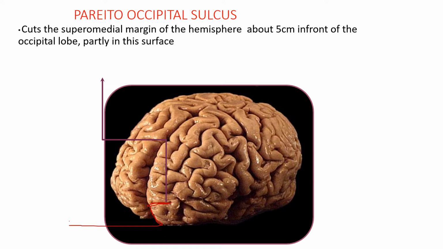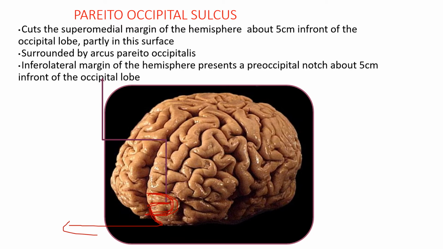So this is the occipital pole. The remaining part of the parieto-occipital sulcus is present on the medial surface. So the part surrounding this parieto-occipital sulcus will be called the arcus parieto-occipitalis.